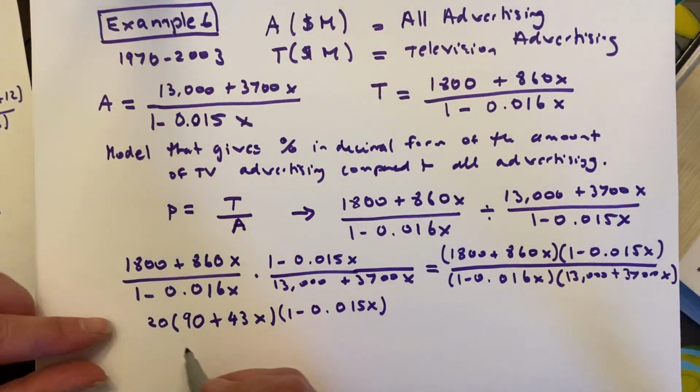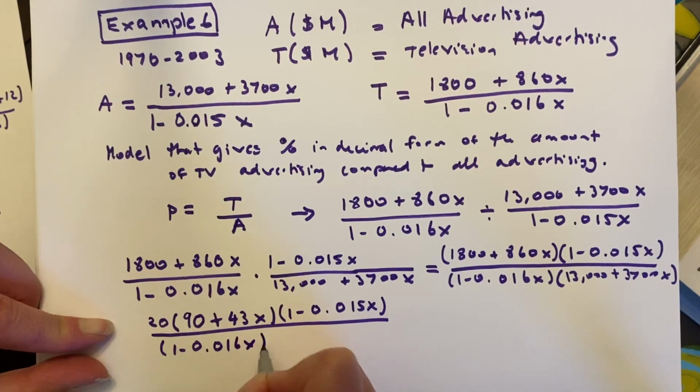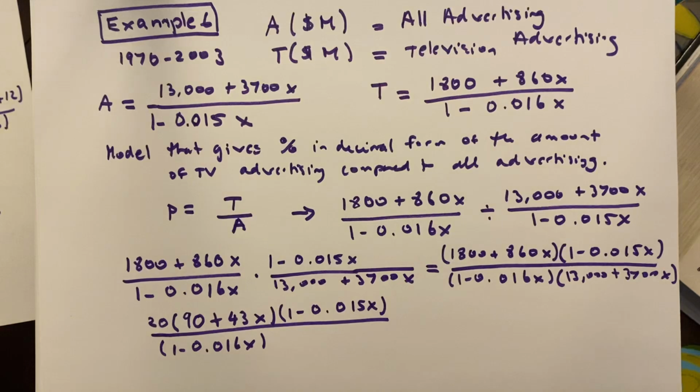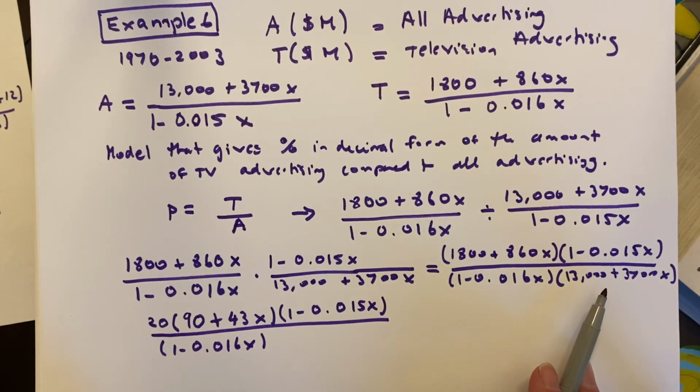And on the bottom, you keep 1 − 0.016x. You can also factor out 20 from this other binomial.